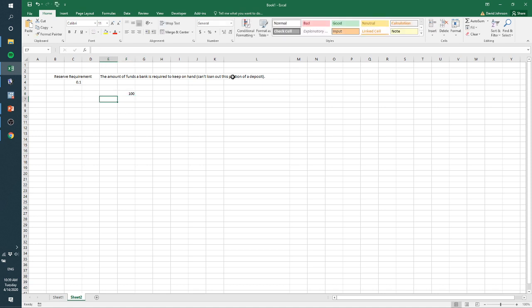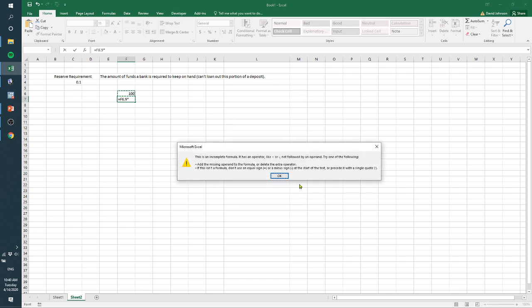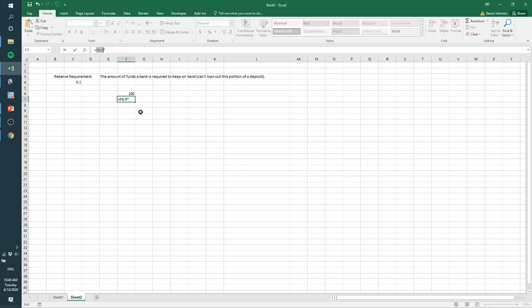Well, if the reserve requirement is 10%, that means the bank can make loans out on 90% of that $100. Got the multiplication sign in the wrong place.